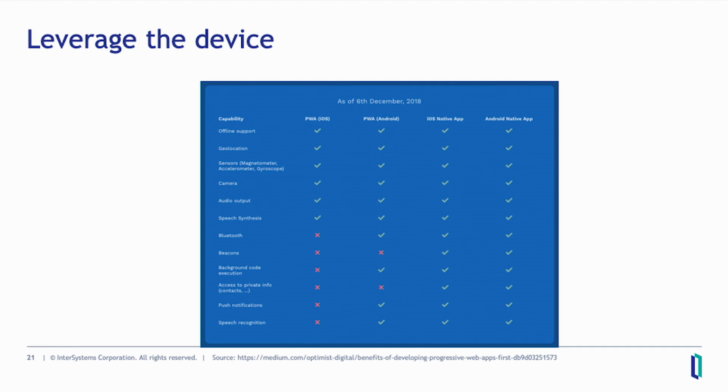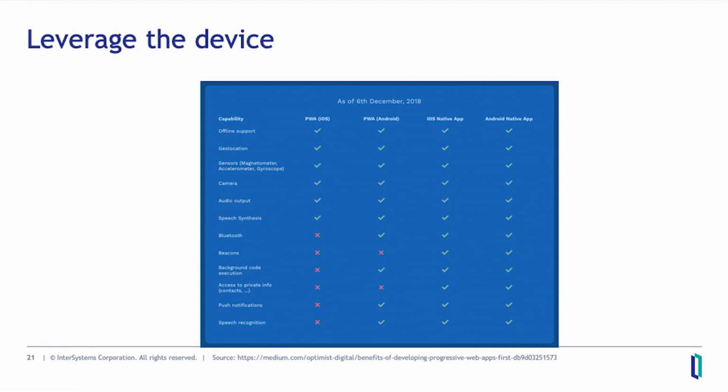Across the board, in iOS and Android, as of December 2018, you have offline support, geolocation, which means you can take advantage of the GPS in the device, and sensors like the accelerometer, knowing whether the device is tilted straight up or down, or jumping up and down. Speech, where you can actually make the device speak the text that's in your application. You can get access to camera and audio output.